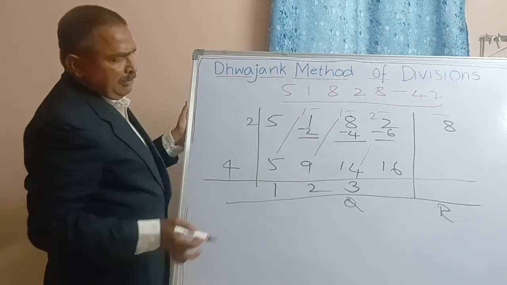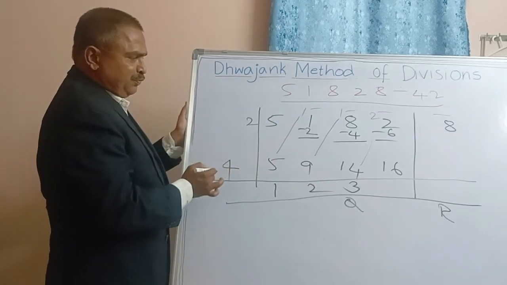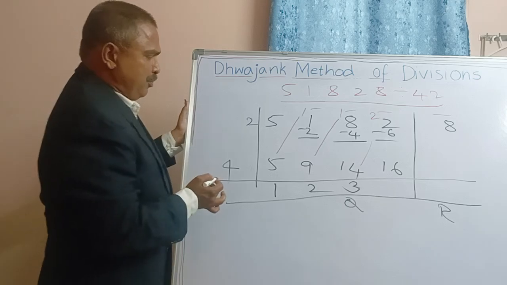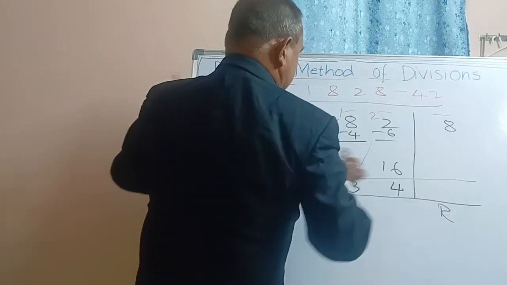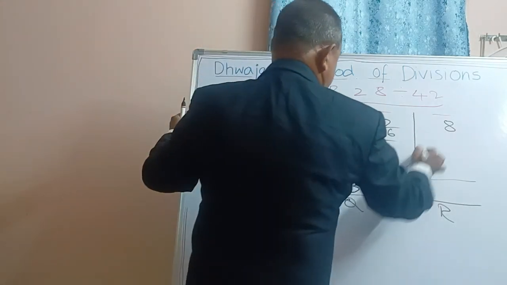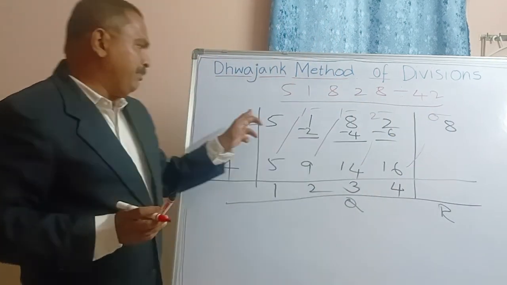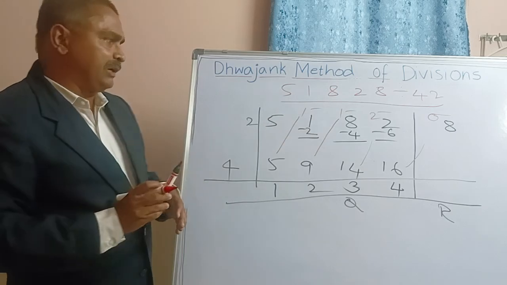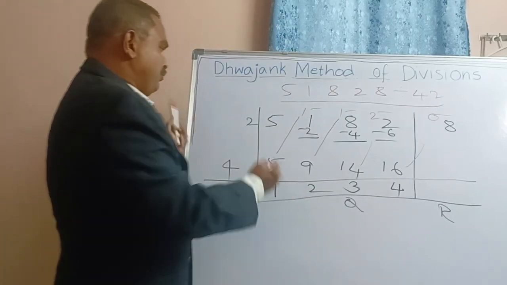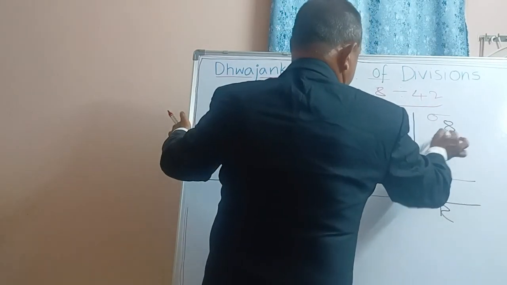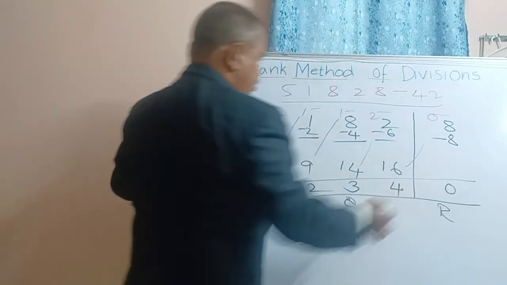Again, we got number on baseline. Divide with 4. 16 by 4, 4 times. 0 is the remainder. Again, we got quotient. Multiply with flag number and subtract from next part. 4 into 2, 8. 8 minus 8, 0 is the remainder.